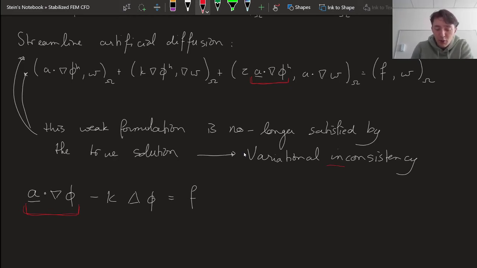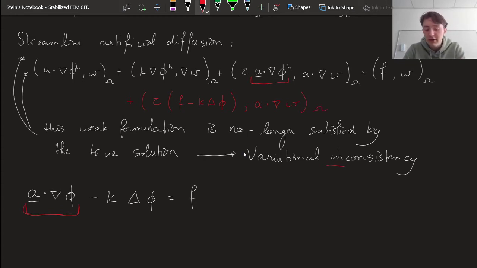So thereby I propose to do the following. I propose to add also the following terms. And of course I'll have a reason for this, but let me first write down the additional terms. So I'm going to add some terms again that look like this. Tau times f minus kappa Laplace of phi times a dot gradient of w.